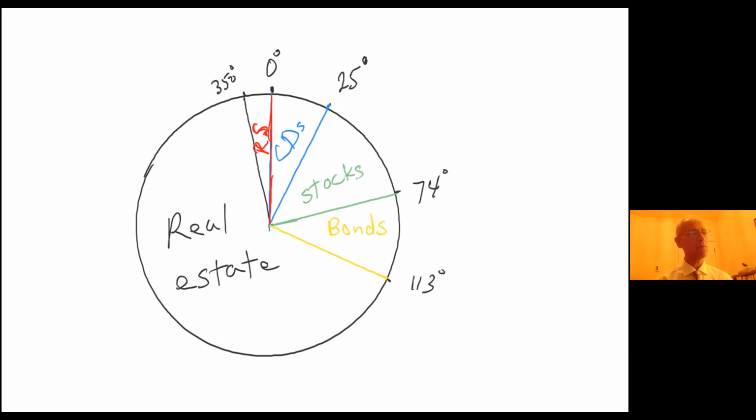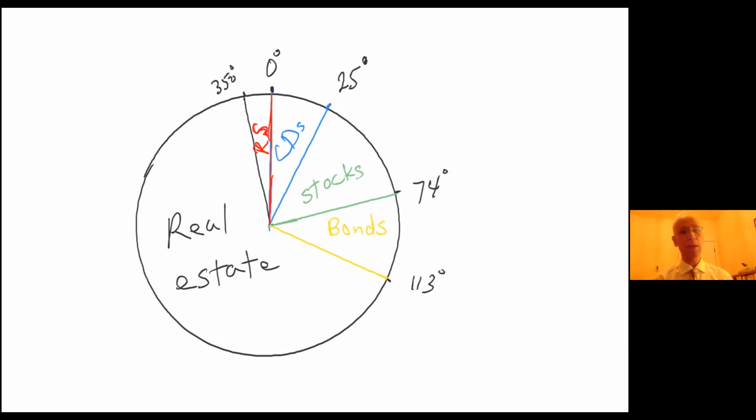Okay. And as you can see, pie charts are a wonderful way of looking at it and deciding if you have a good balance in your portfolio. You can use pie charts for almost anything. How many hours you study, how many hours you work, how many hours you work out, how many hours you sleep.